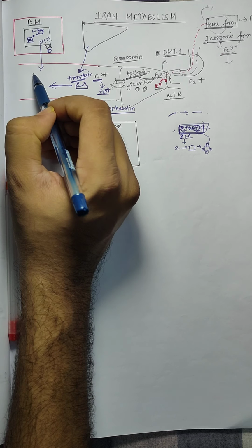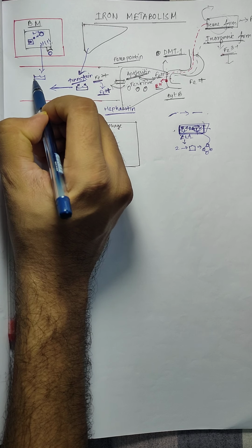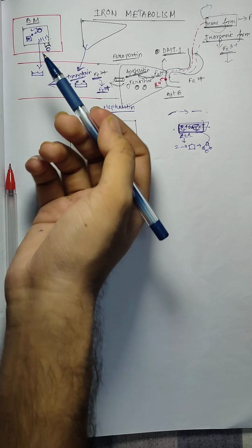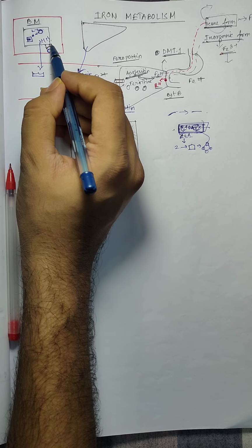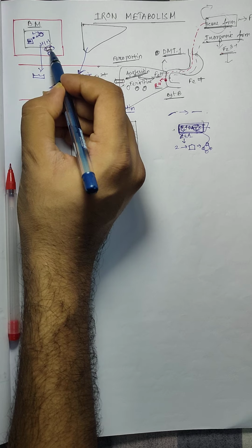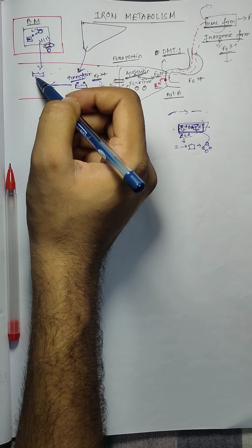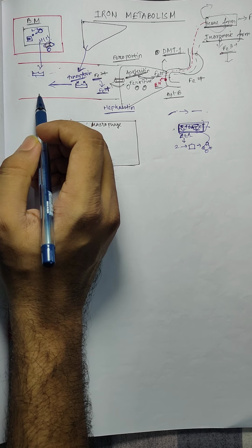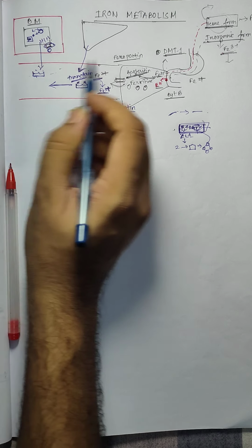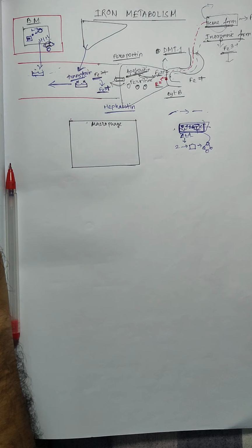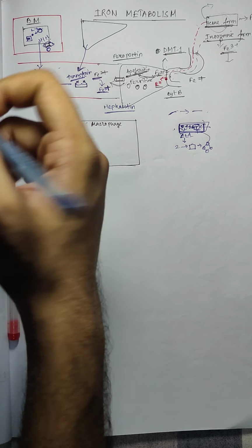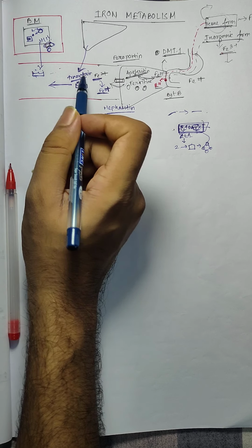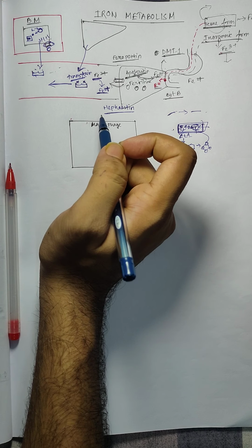So transferrin again comes in the blood, and they can bring more iron, and some transferrin receptors are also thrown to the blood sometimes. So this is the ultimate transportation and utilization of it. Now the excess iron is stored in our body, in the liver, within the macrophage.